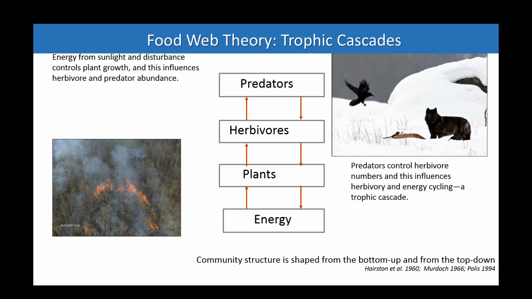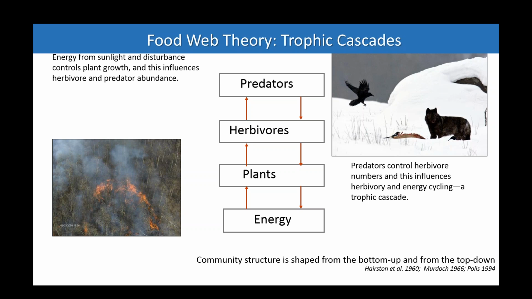The bottom-up perspective is that energy from the sun makes plants grow, and that energy moves from the bottom up, because this is energy that goes into the soil. Plants then provide food for herbivores, from insects to large mammals, and that in turn sustains predators. So that's the bottom-up view of ecosystems.